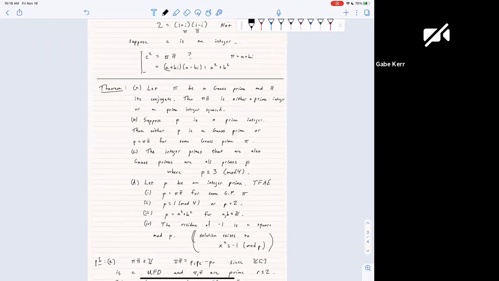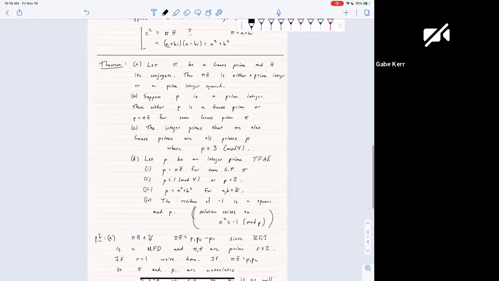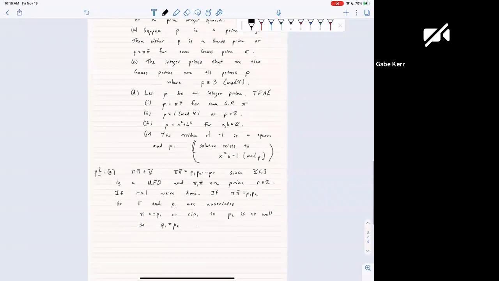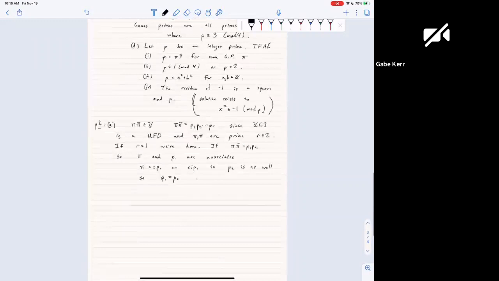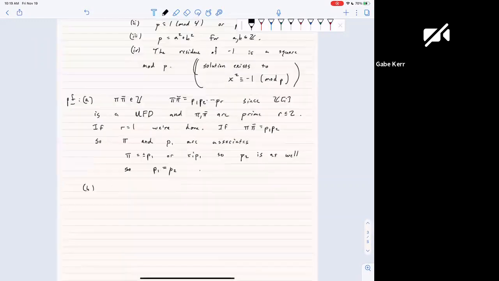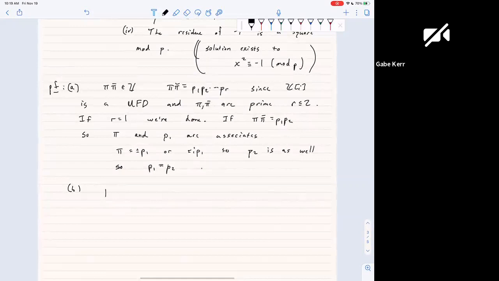For B, it's sort of the opposite. If P is a prime integer, then either P is a Gauss prime or P equals something else. So B is not too bad. Let's take a look at B. Factor P in the Gauss integers. I'll have some integer factors, and I'll have some Gauss prime factors that are not integers.